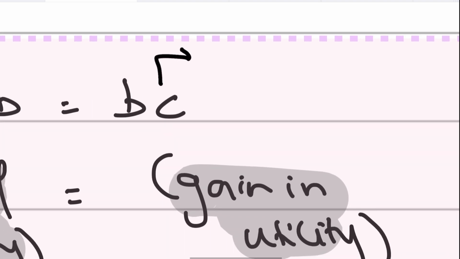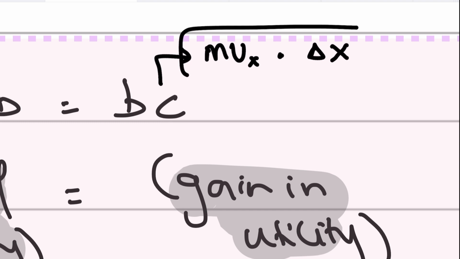If you want to find out how much utility you were getting by consuming a single unit of X, that is the marginal utility of X. And if you multiply by the change in the number of units of X, that is by what extent you have increased the consumption of X, you get the total satisfaction that has increased, right?